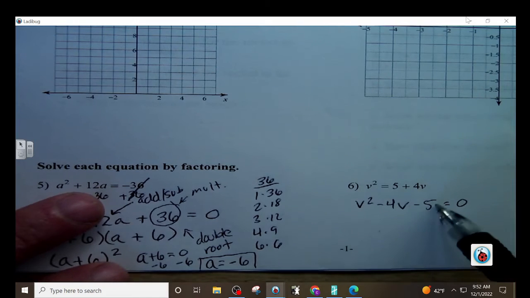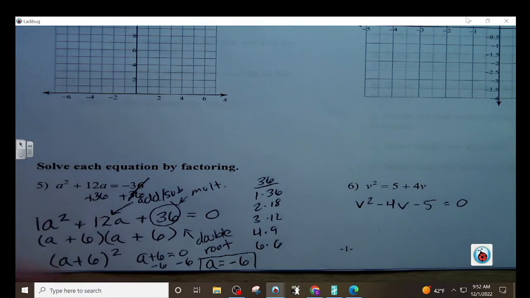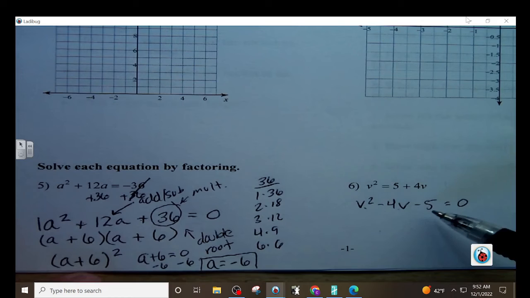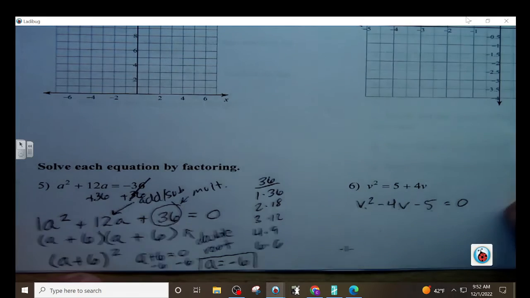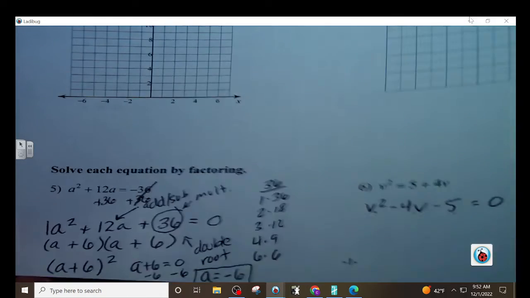Now, guys, on this left side, can I write it any way I want to? No, it's got to be in standard form. Quad term, linear term, constant. It's got to be written in that form, in that order. It's not being picky. It just has to be written that way. All right? Okay.